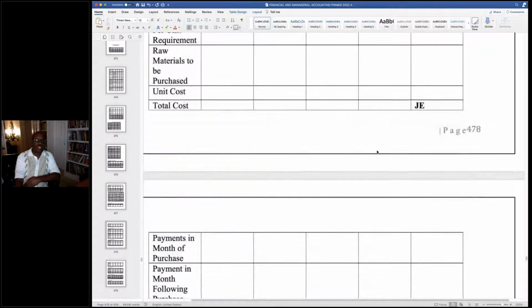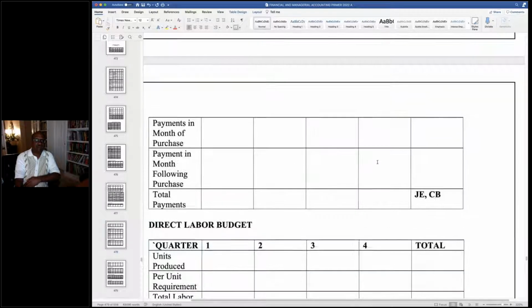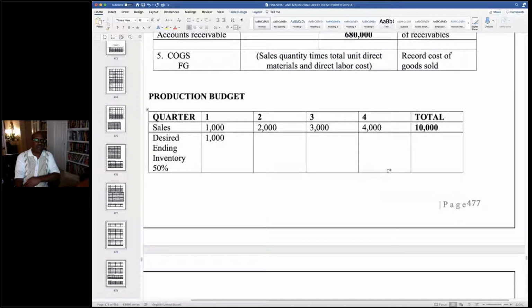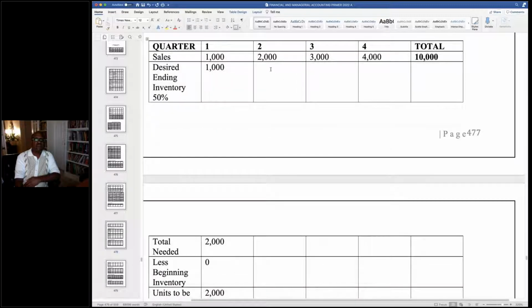Okay, so for the second column, would my beginning inventory also be 0? No, it will be. So desired inventory this time is going to be 2,000 plus half of 3,000, so it would be 1,500 for the half.